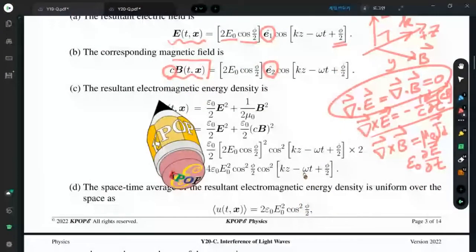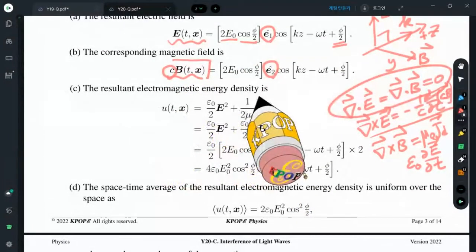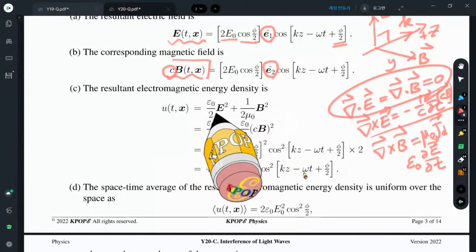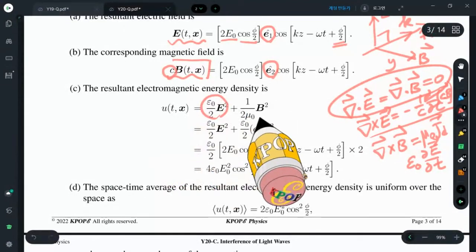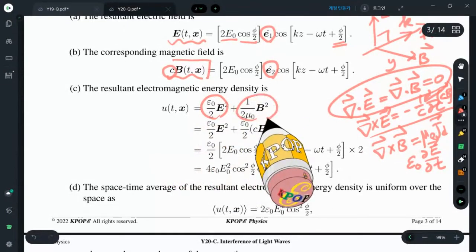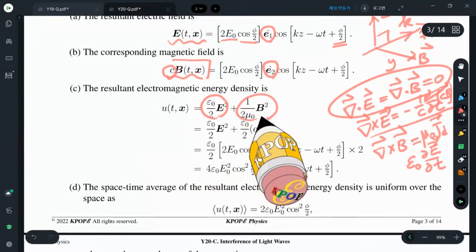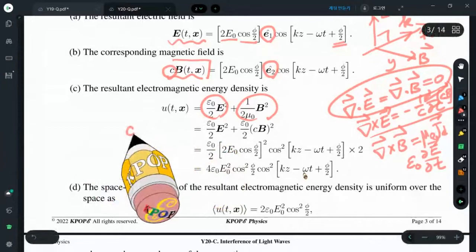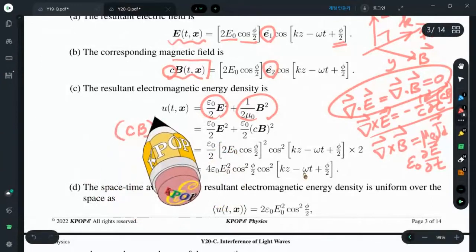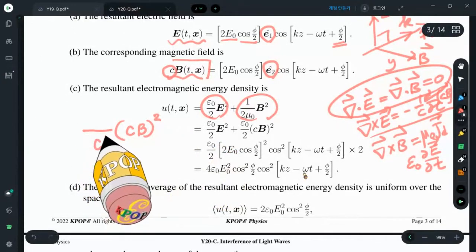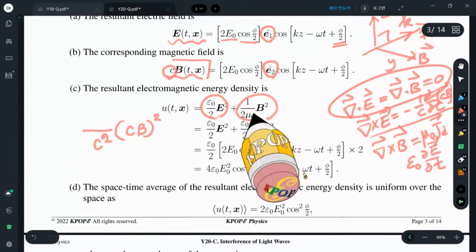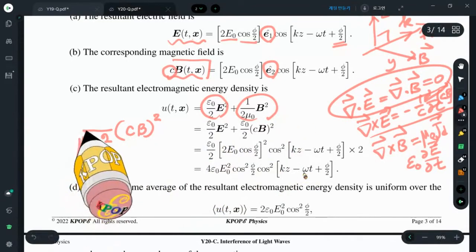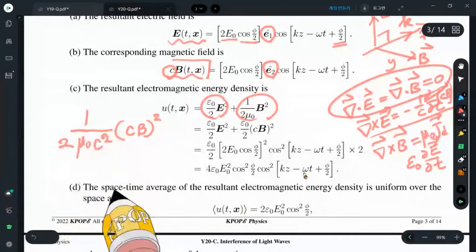Resultant electromagnetic energy density is this one and this one, summed. And here, we multiplied c, then we divide by c squared, and we have mu 0, factor of 2.